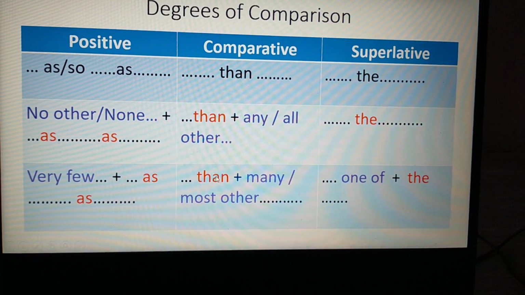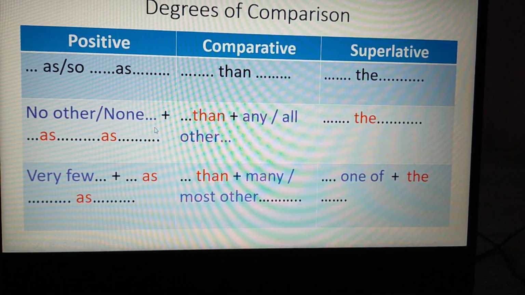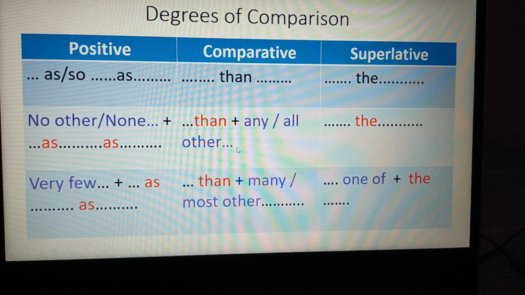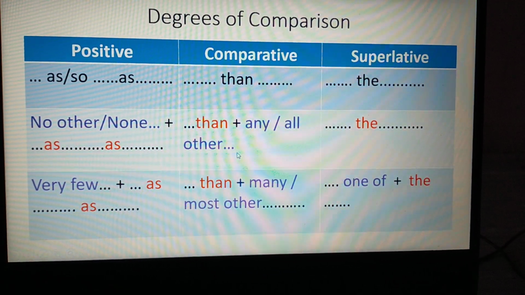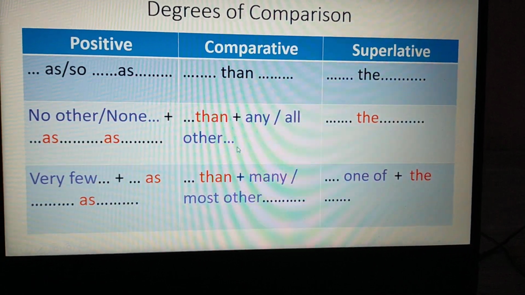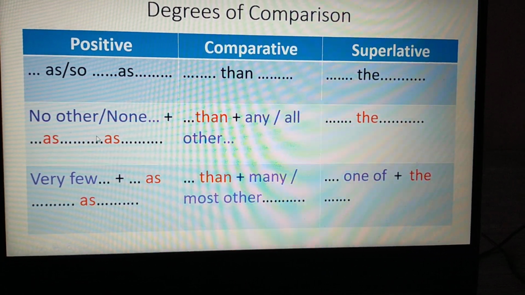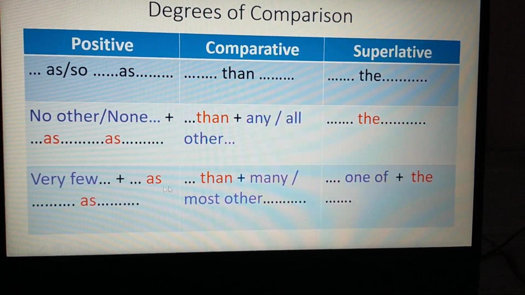It will depend. Now for example, if the sentence given in the examination is comparative and you have been asked to change into positive and superlative, many students get confused how to start the sentence. Should we start with no other or very few? It's very simple.